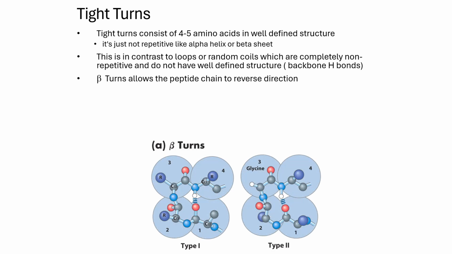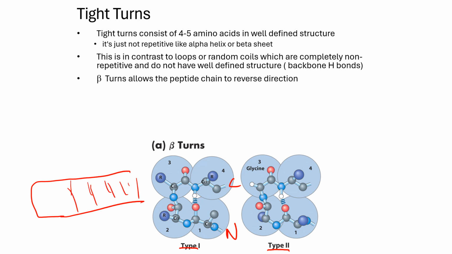Here's an example of that in place. A beta turn, shown here, is broken into two different types. There's type 1 and there's type 2. The way that I always visualize this, I like to think about this as my N terminus, and this is my C terminus. Now, a continuation of that is something that looks like this, where here's part of our beta sheet that has formed there.